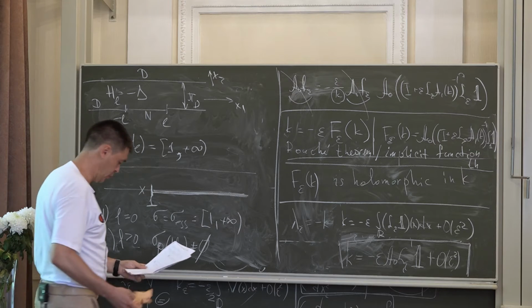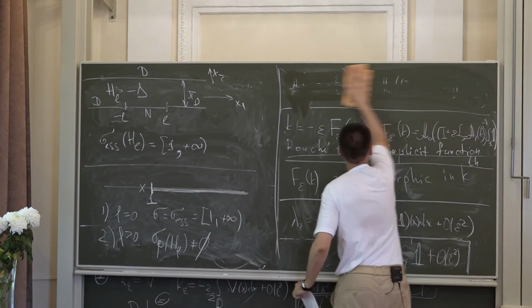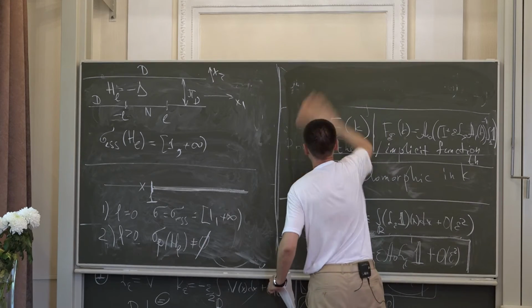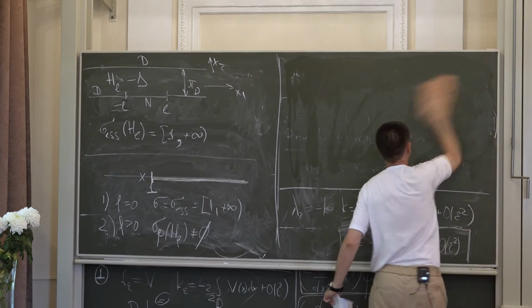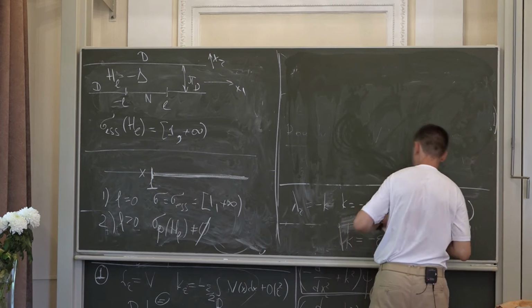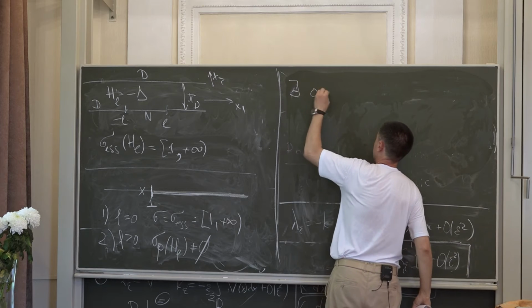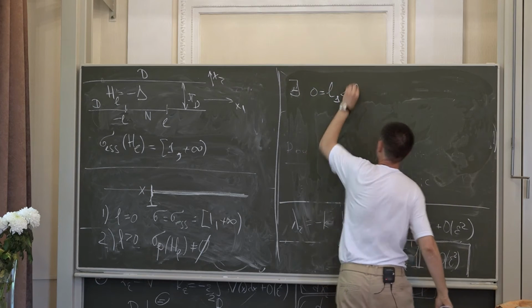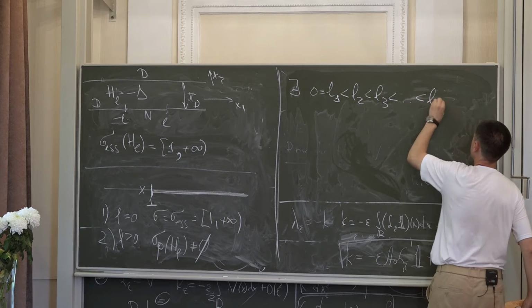And how does it happen? There are some critical values of this window. There exist numbers L1, L2, L3, etc., Ln.